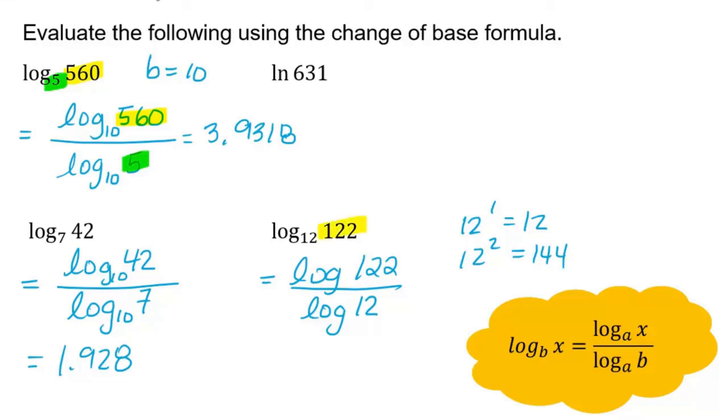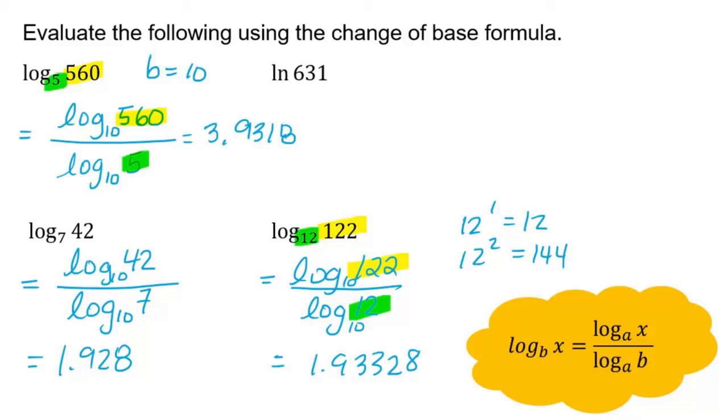Once again, we first take the logarithm of the original quantity we were asked to take the logarithm of, and then we divide this by the logarithm of our previous base. The new base that we're using here is base 10. You'll get 1.93328.